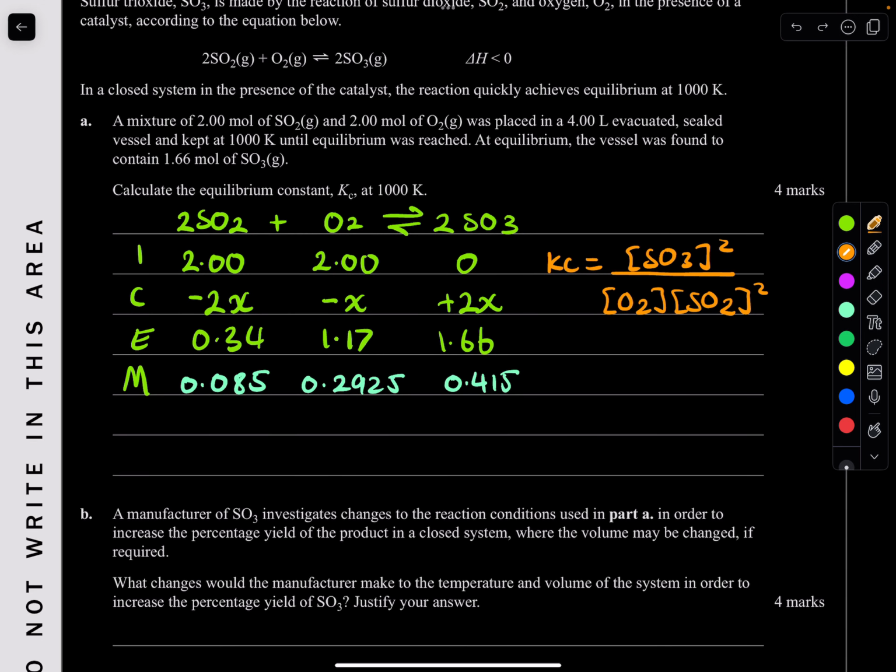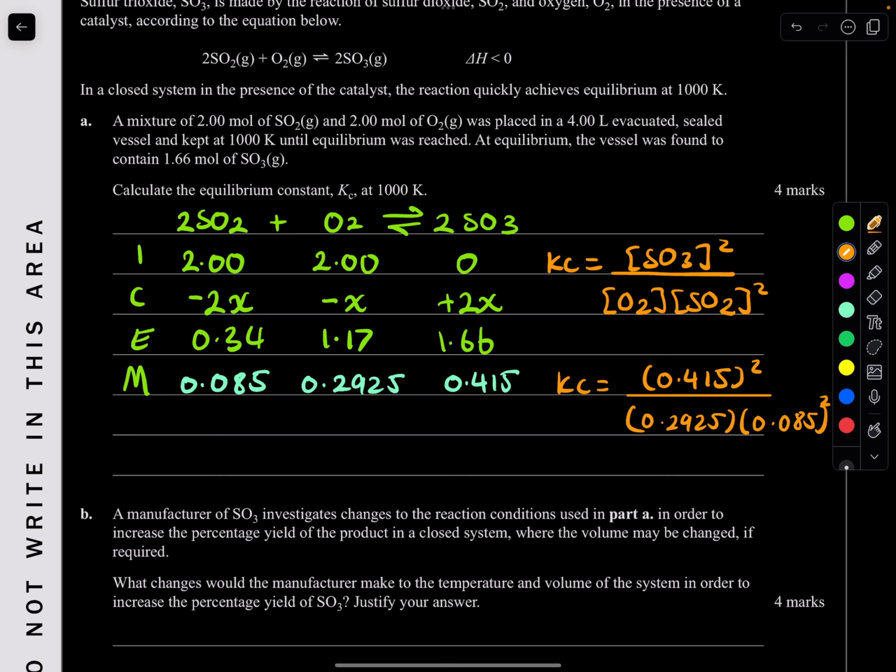And now we sub all these values in there. So your actual Kc value is SO3, which is 0.415 squared, oxygen, which is 0.2925, SO2, which is 0.085 squared.